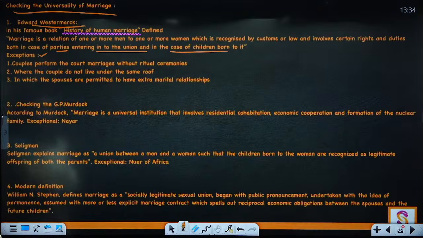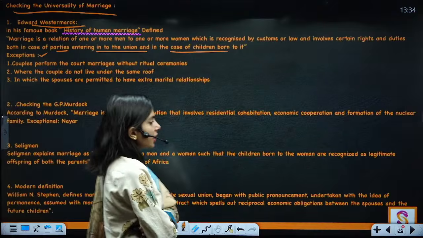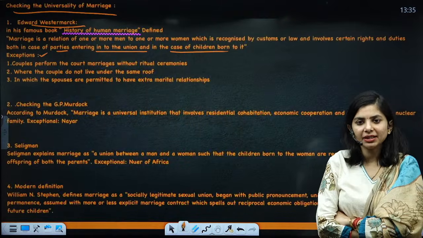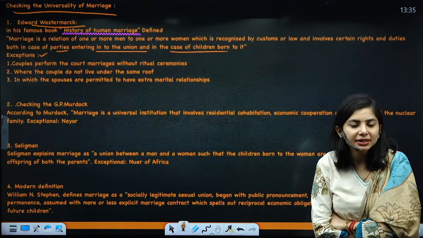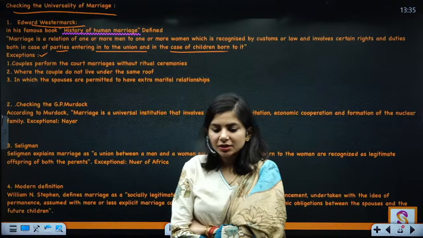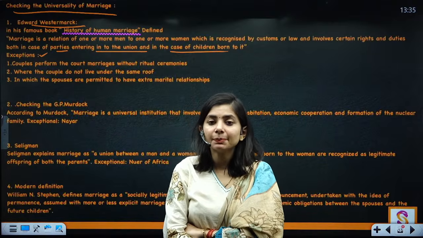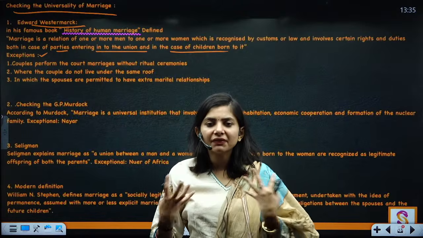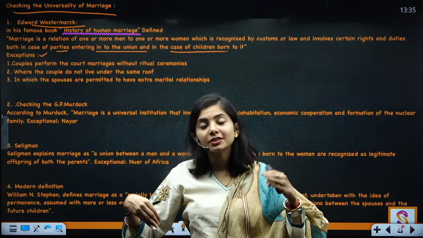Couples who are performing court marriages, their marriages are without ritual, still we consider them marriages. It doesn't mean that marriage means custom. In the Hindu tradition, there are sat feras, and we say that sat feras are very important.